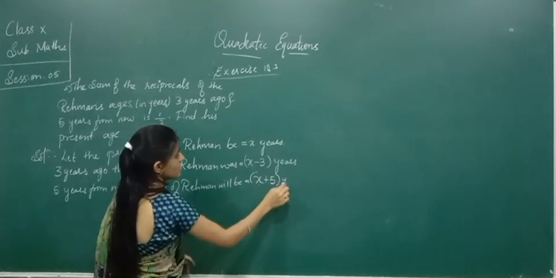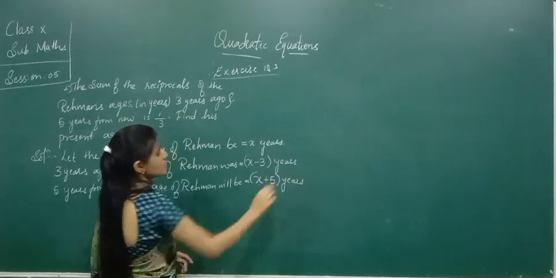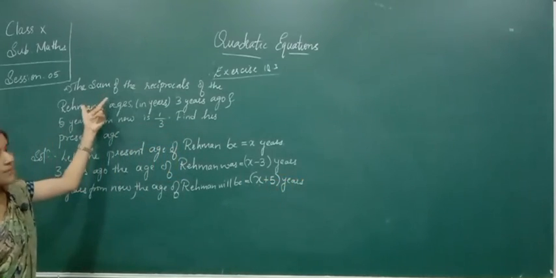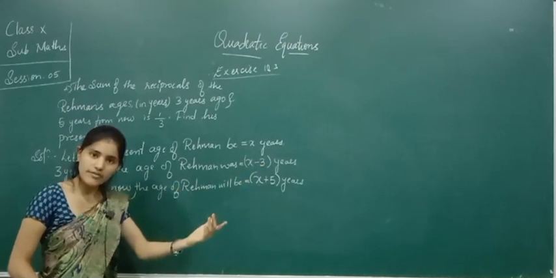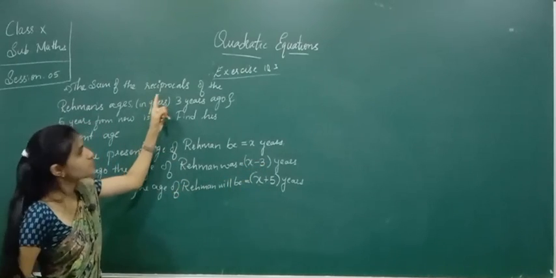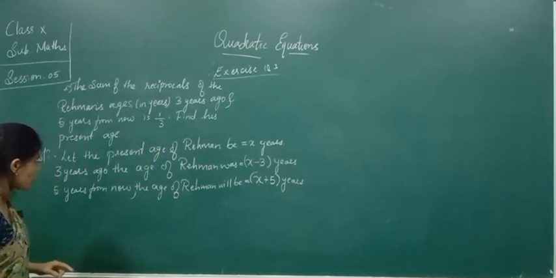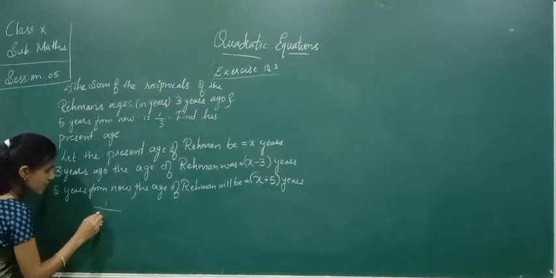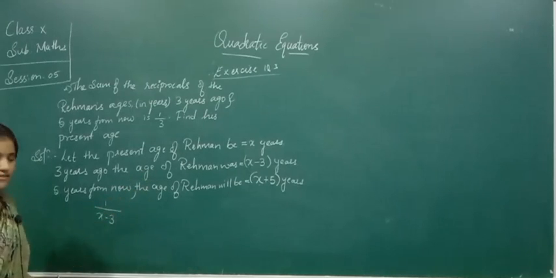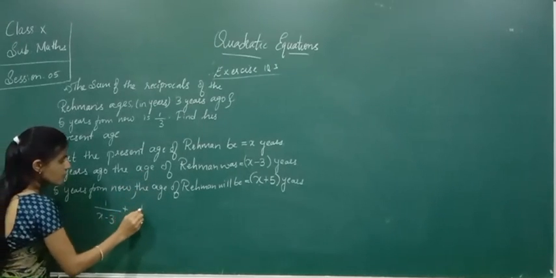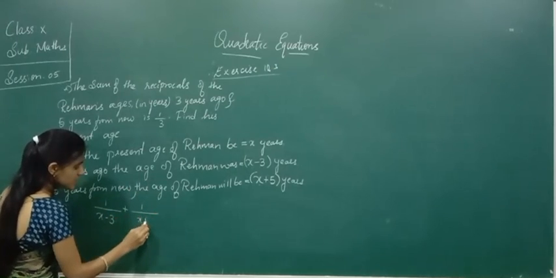See what they have given? Sum means what? We are supposed to add these ages. In what way actually? They have said reciprocals. Reciprocals means what? 1 divided by x minus 3. This is the reciprocal of x minus 3. Plus 1 divided by x plus 5.